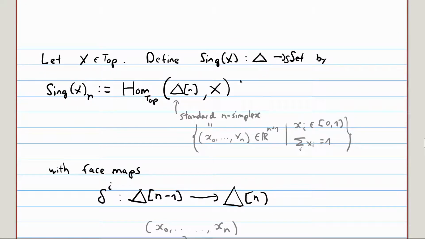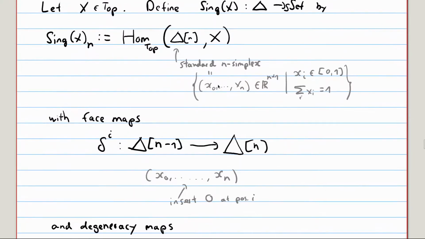So here, in order to define a simplicial set, it suffices to define what these sets are. If you do singular homology, we define Sing X_n to be the set of continuous functions from the standard n-simplex into X. And then you have to define the face maps, obviously.